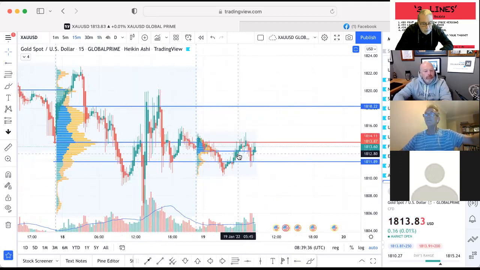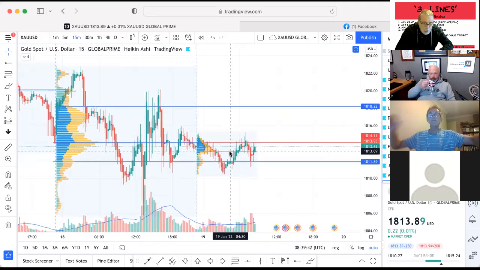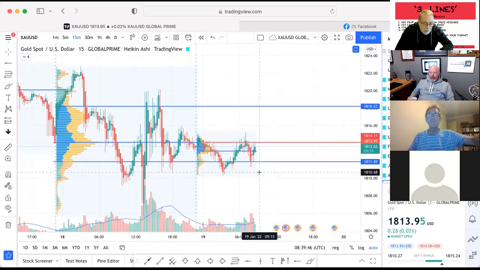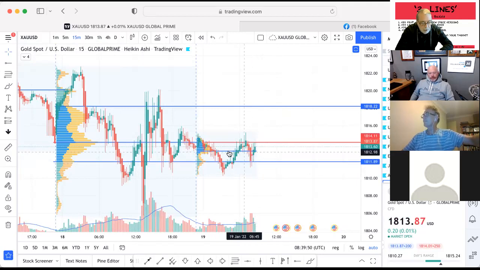The point of control for today is also an area of interest, but because it's only 8:30 in the morning, it is still liable to change. As the day progresses, that point of control can fluctuate. So we concentrate on this point of control from yesterday.